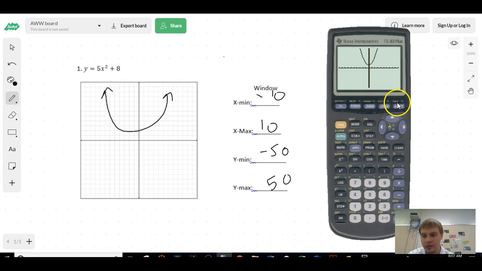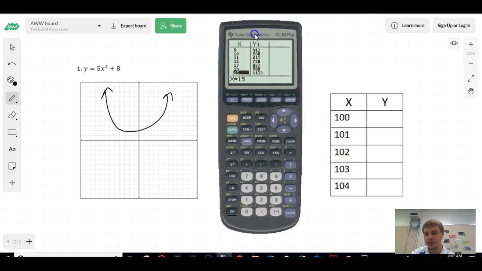It's hard to read on my screen, but on your calculator, it's a little bit easier. We're going to hit second table, and you can see that it gives you a table with x and y. So I could scroll all the way down to the number I want, which is 100.